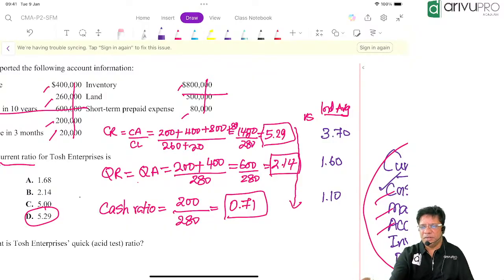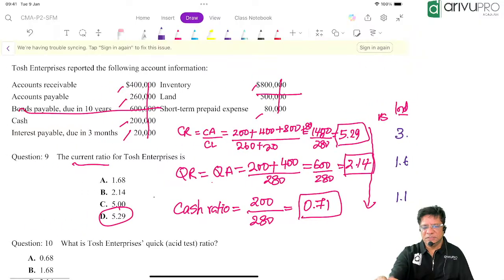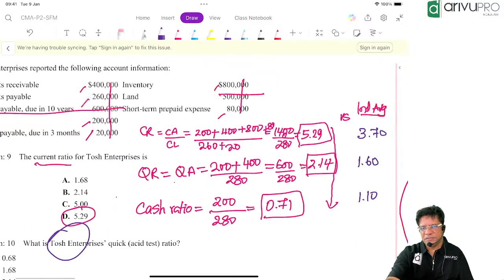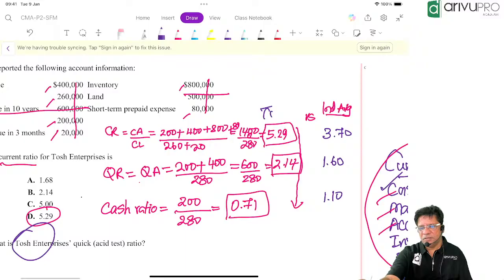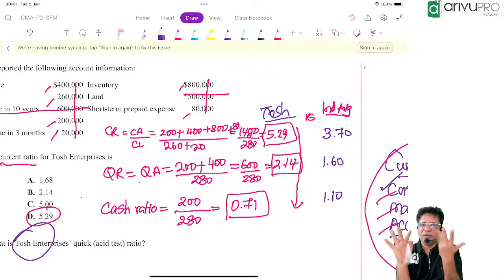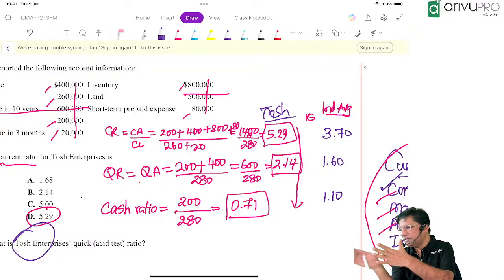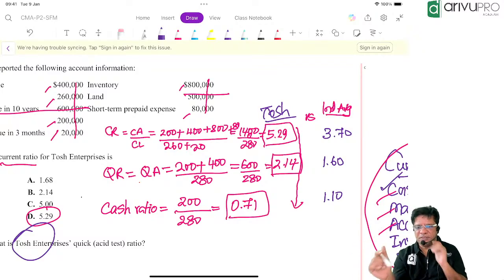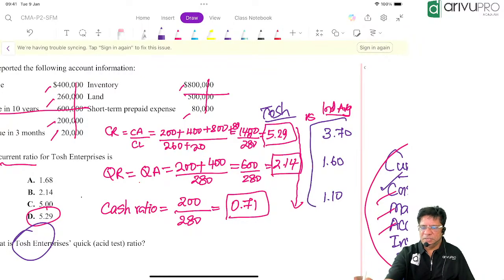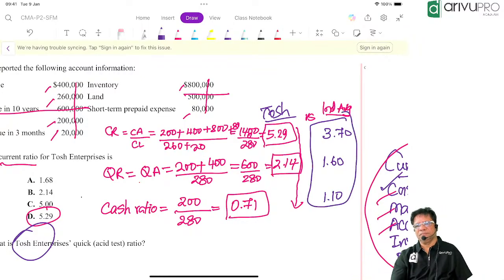Now, how are we doing as a company? This company is Tosh Enterprises. You are a Tosh Enterprises finance manager. You have calculated that. By itself you cannot say anything until you compare to your nearest competitor, your industry, and I am giving you these numbers now. Now at least some sense is there.